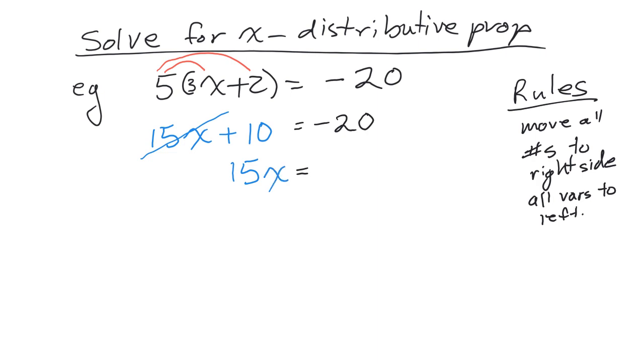Now that I've done that, I have only 10, positive 10, and minus 20 to work with to put on the right side because there's no more x's to deal with. So here's what we're going to do. We're going to take our minus 20, since it's already in its appropriate spot, and put it down. So we have minus 20.